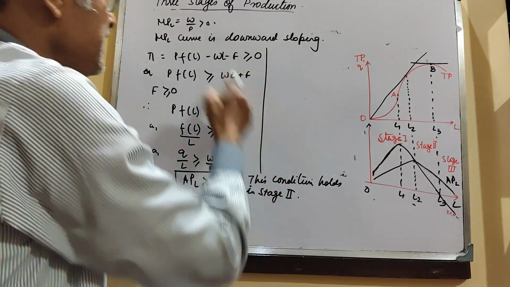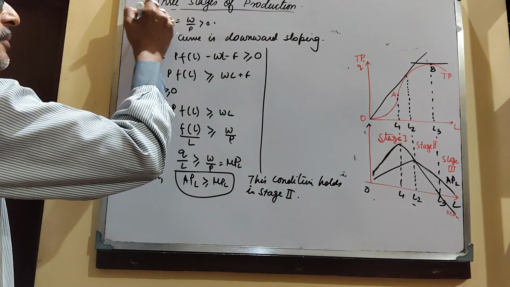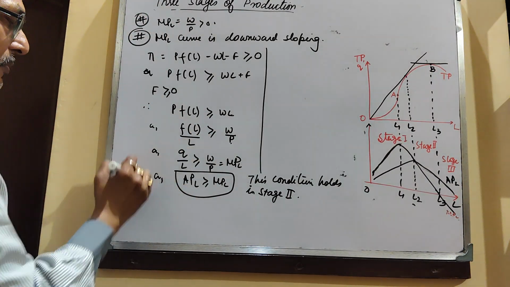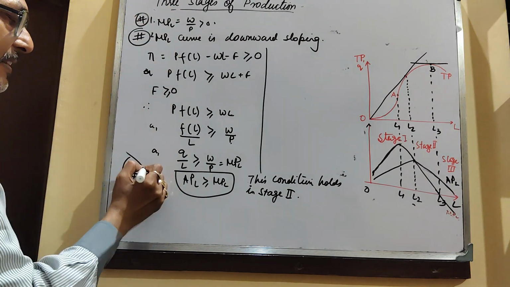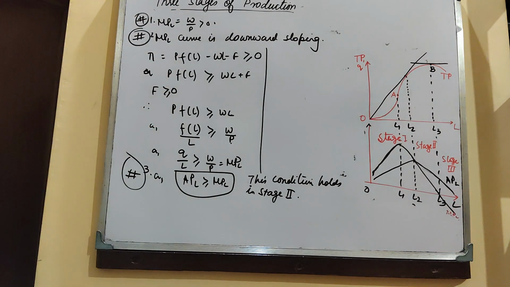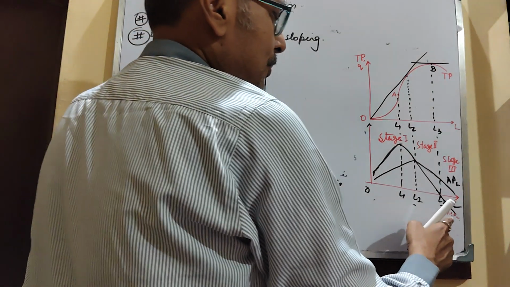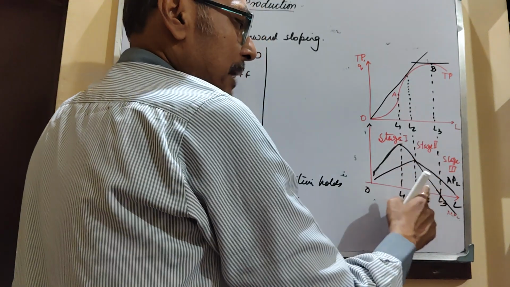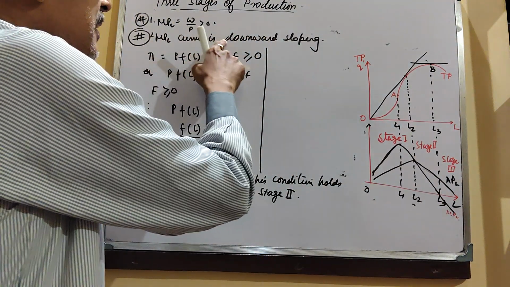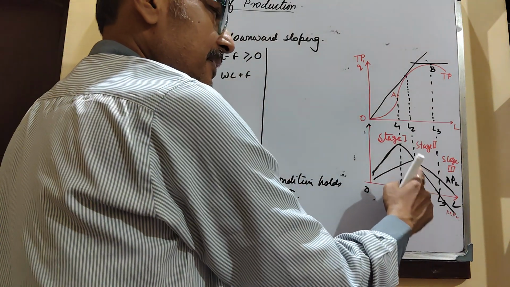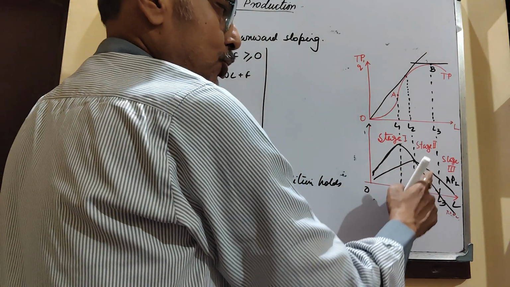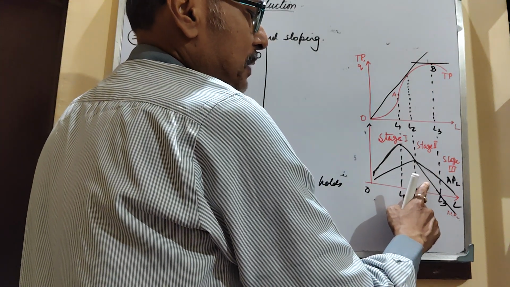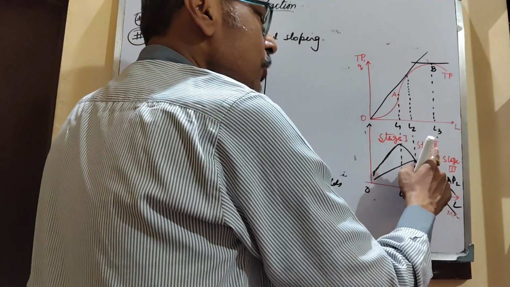Now look, if we consider all three conditions, this is number 1, this is number 2 and this is number 3. MPL greater than 0 holds in stage 2. The MPL curve being downward sloping holds in stage 2. And APL greater than or equal to MPL also holds in stage 2.